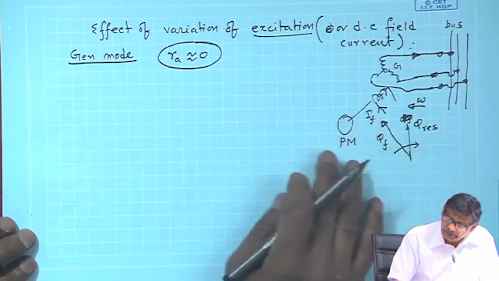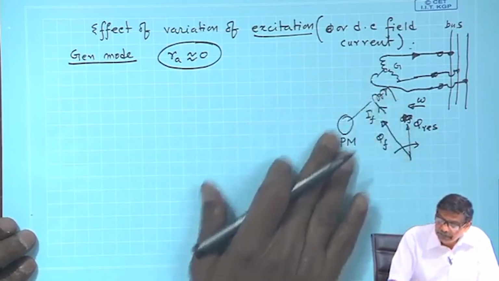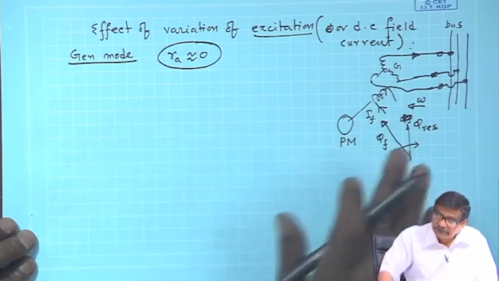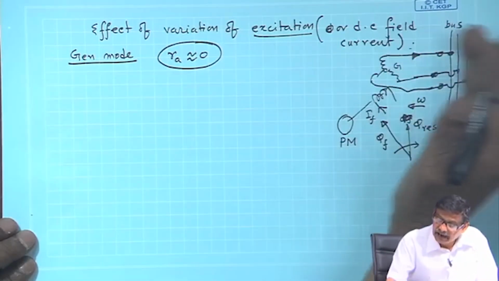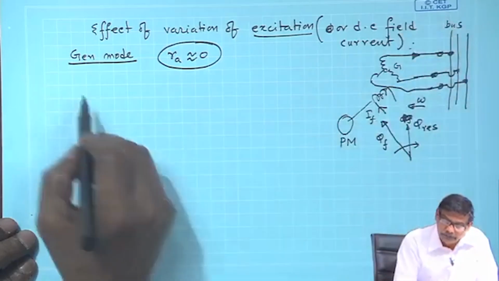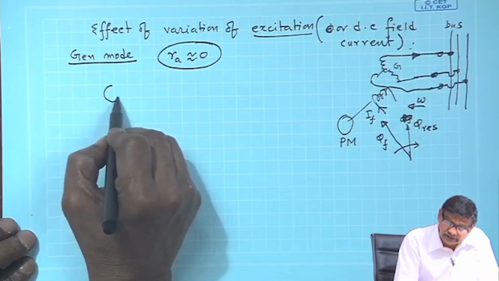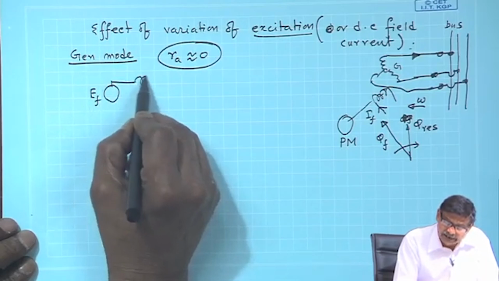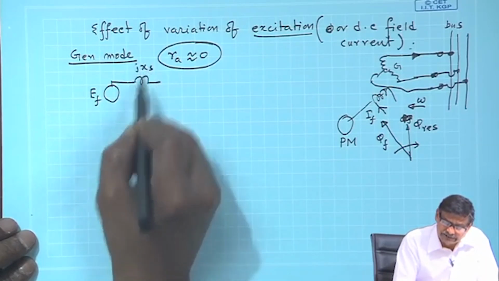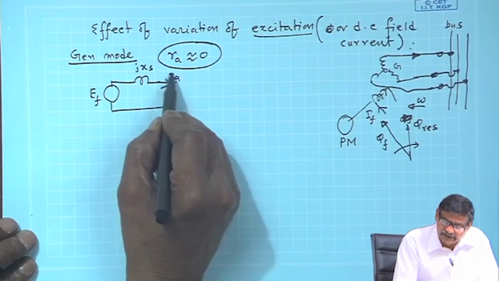So, suppose for a given steam input, the real power input from the mechanical side is constant, or I will assume that in that case the output power delivered to the bus will also be constant. So, the per phase circuit diagram is this, and I will assume only jXS is present, and it delivers a current IA.